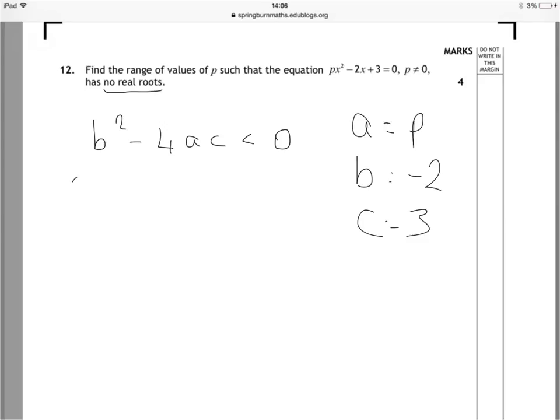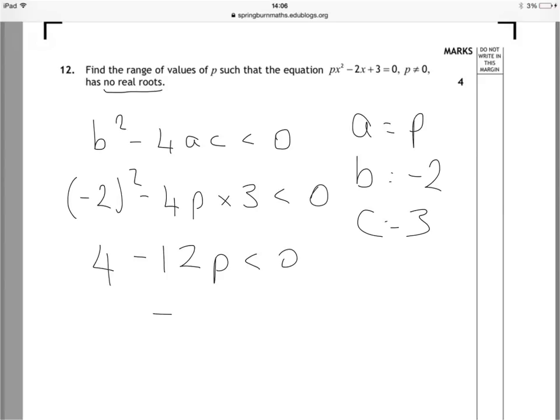So by subbing that in, b squared is minus 2 squared minus 4 times a, which is p, times c, which is 3, is less than 0. Minus 2 squared is 4, so 4 minus 12p is less than 0. Minus 12p will be less than, bring the 4 across, minus 4.